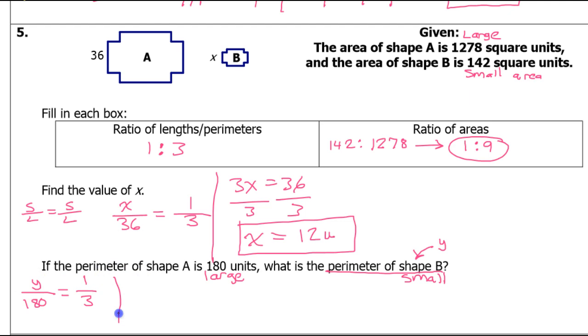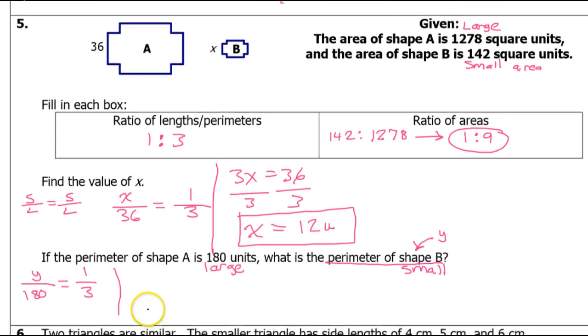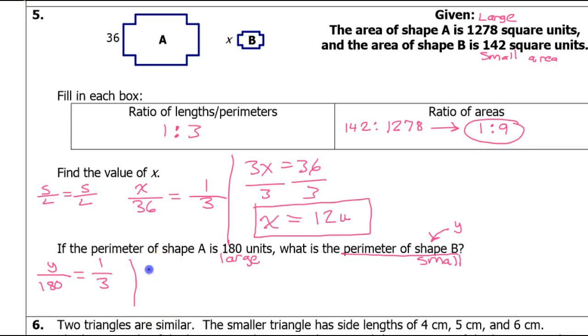Cross multiply, and you end up with 3y is equal to 180. Divide both sides by 3, and you end up with y is equal to 60. We're talking about perimeter, so it'll simply be 60 units.